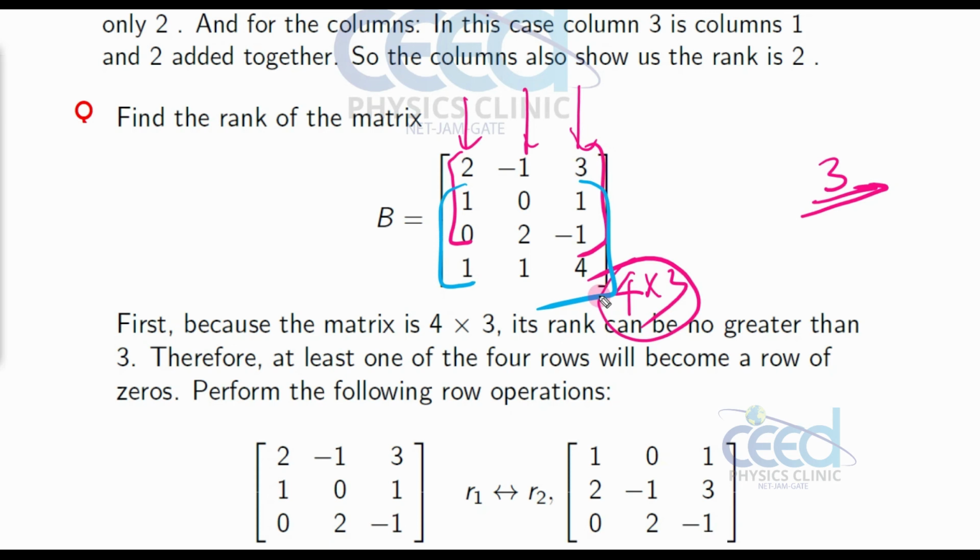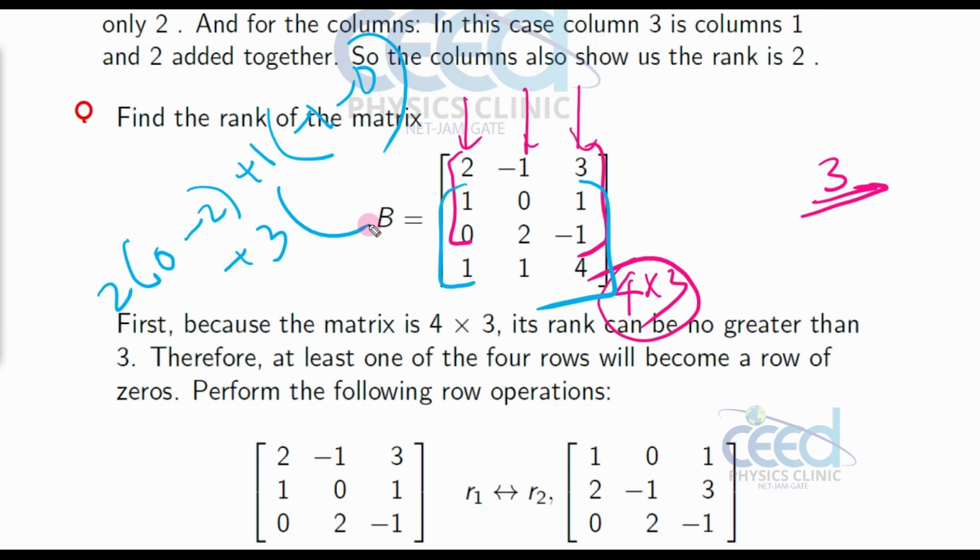If the first matrix itself has a non-zero determinant, then we need not calculate the second one. So 2 into (0 minus 2), minus 1 into (minus 1 minus 0), and 3 into (2 minus 0).